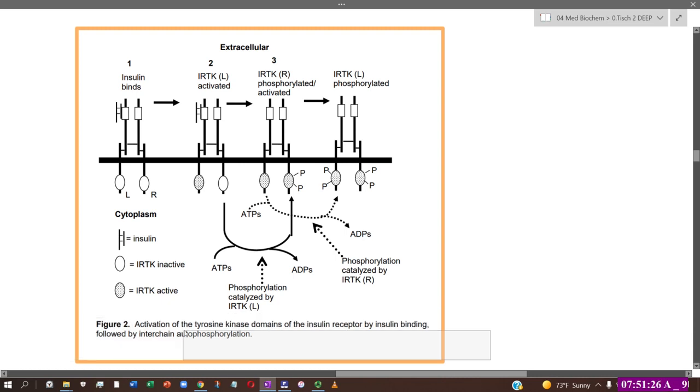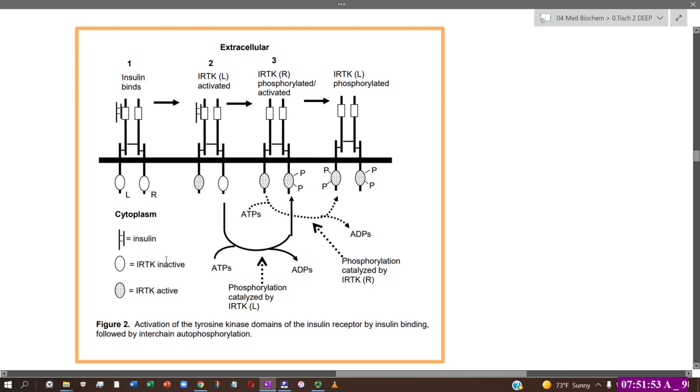So that's an important term right there, autophosphorylation. So the insulin binds, and then something called IRTK-L gets activated, and then IRTK-R gets activated, and then IRTK-L again experiences phosphorylation.